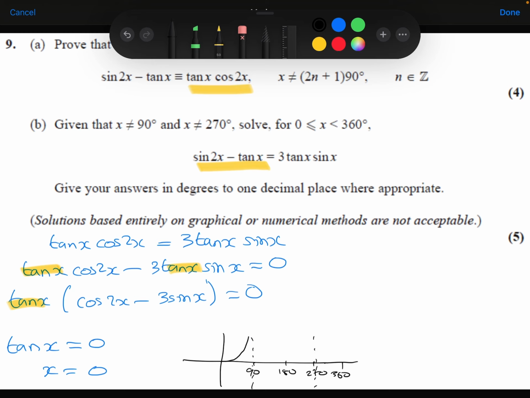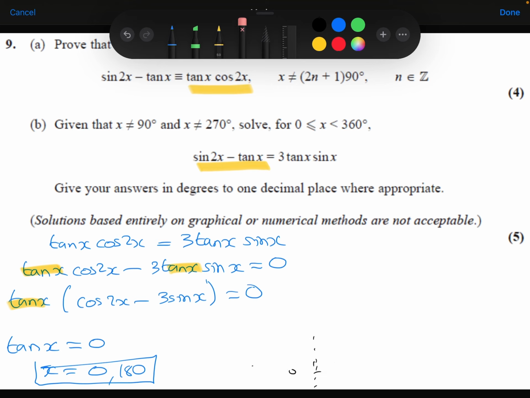I know the tan graph looks like this. So I know it equals 0 at 0, at 180 and 360. I shouldn't include the 360 though. So I'm just going to give the 0 and the 180 as answers. So these are two possible answers that I need to give.